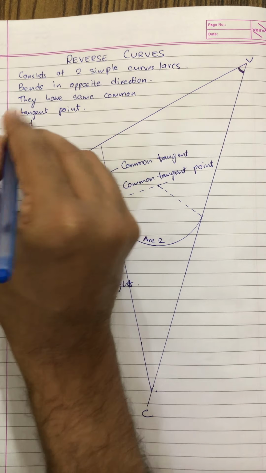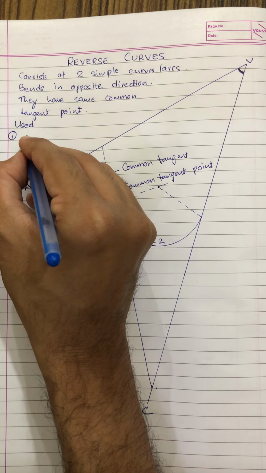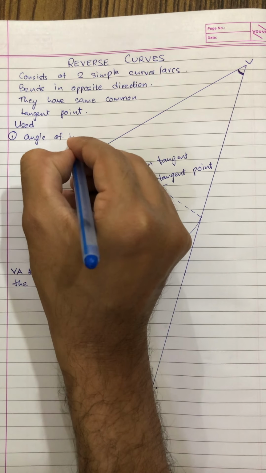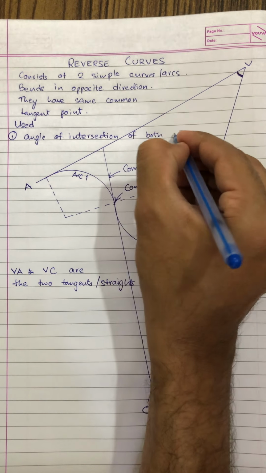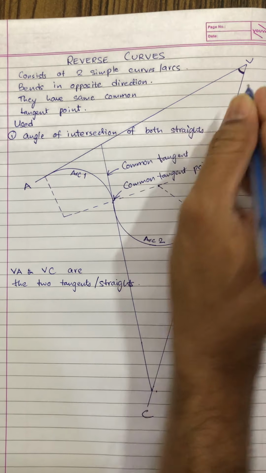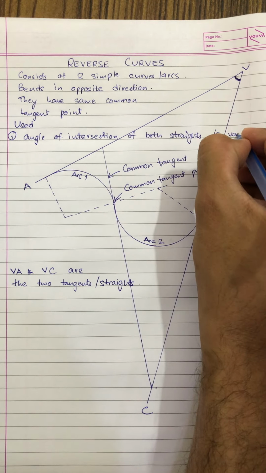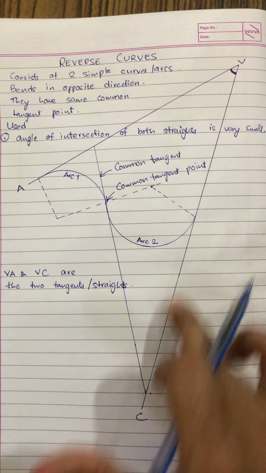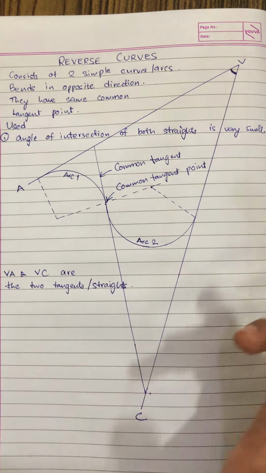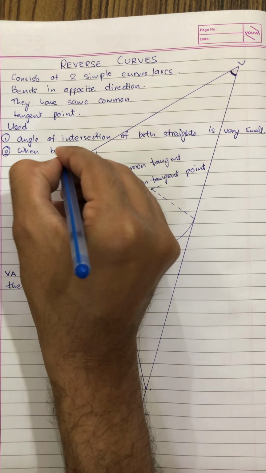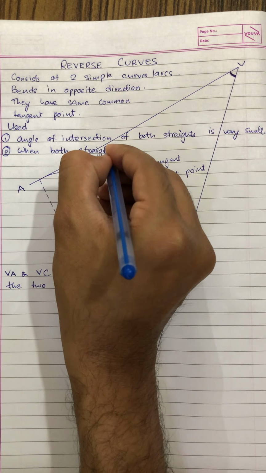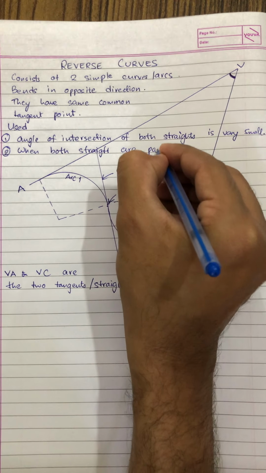So it is used when the angle of intersection of both straights, straight VA and straight VC, is very small, or when both straights are parallel to each other.